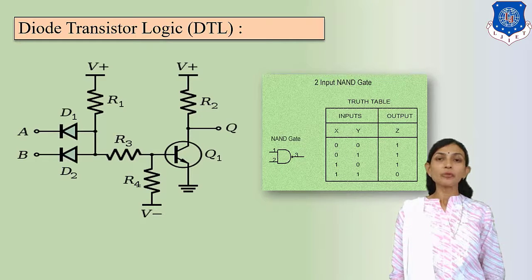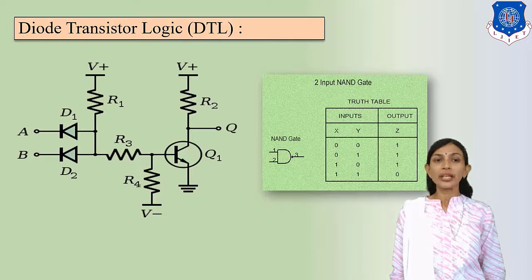Now let's discuss the fourth case, that is 1 1. If both inputs are 1 1, that means A is equal to 1 and B is equal to 1, so D1 will be off and D2 will be off because the cathode will be at high potential, means 1.